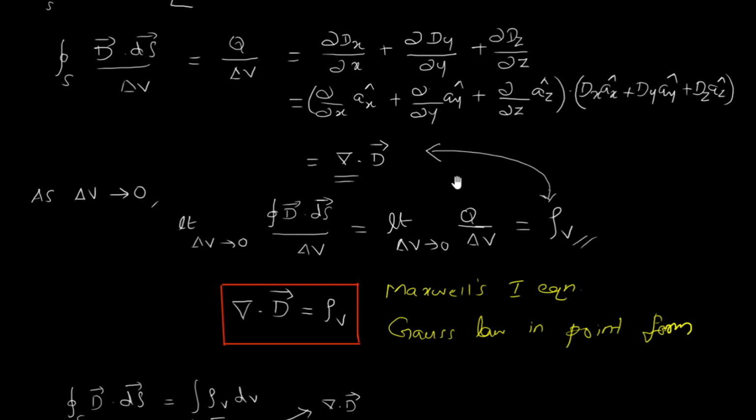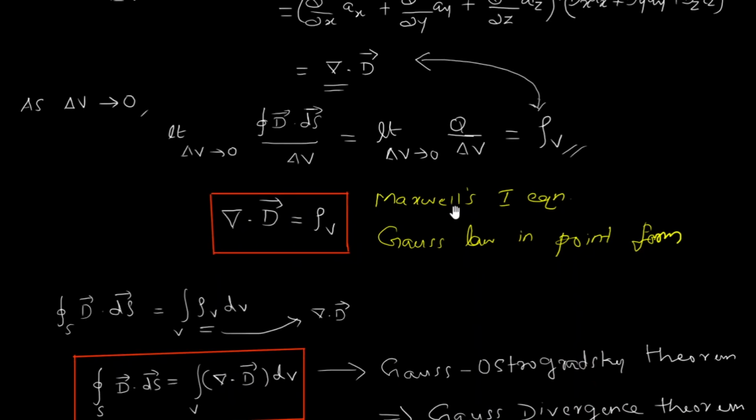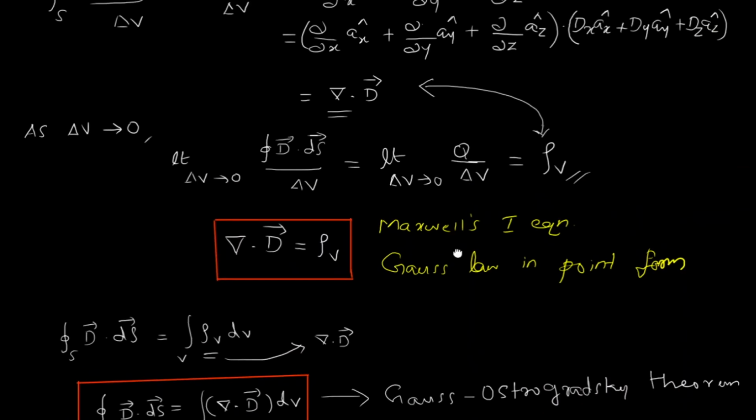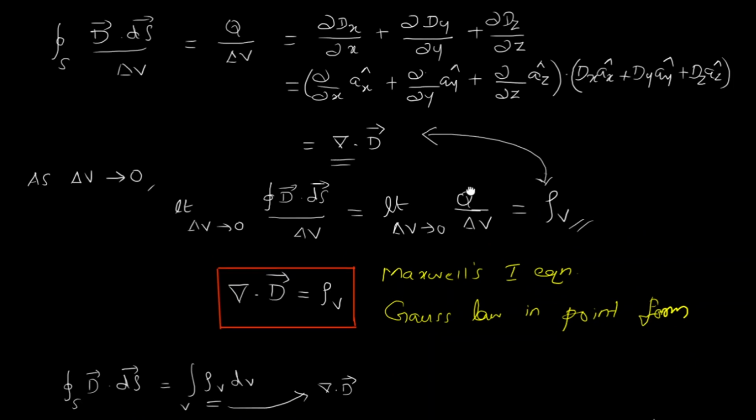Now, this divergence can also be expressed in the cylindrical coordinate system or the spherical coordinate system. So I leave it as an exercise for you to find the expression for del dot D in the cylindrical coordinate system and in the spherical coordinate system.